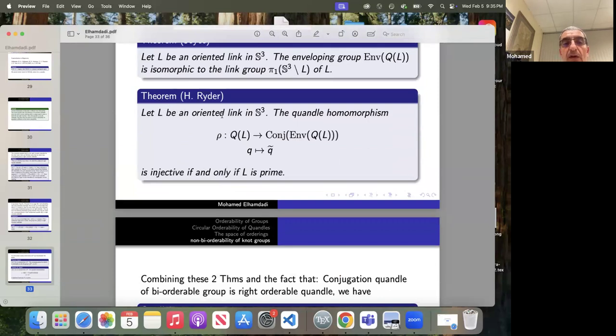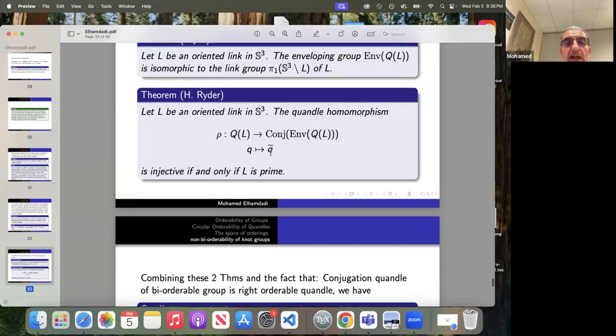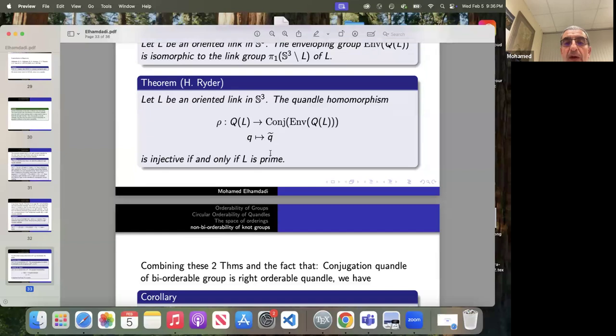If L is an oriented link in the three-sphere, the natural quandle homomorphism from the fundamental quandle of the link L to the conjugation quandle of the enveloping group of the fundamental quandle, mapping Q to Q tilde, is injective if and only if L is prime.